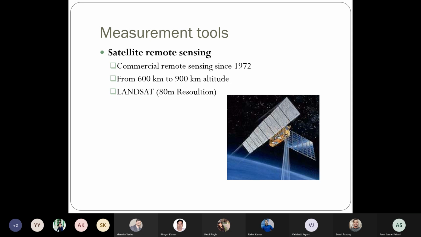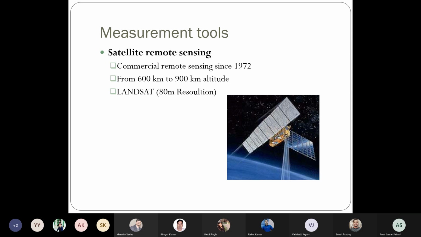Now, considering the limitations of different remote sensing techniques, in later days satellite remote sensing evolved. Commercially it came into the picture in 1972.